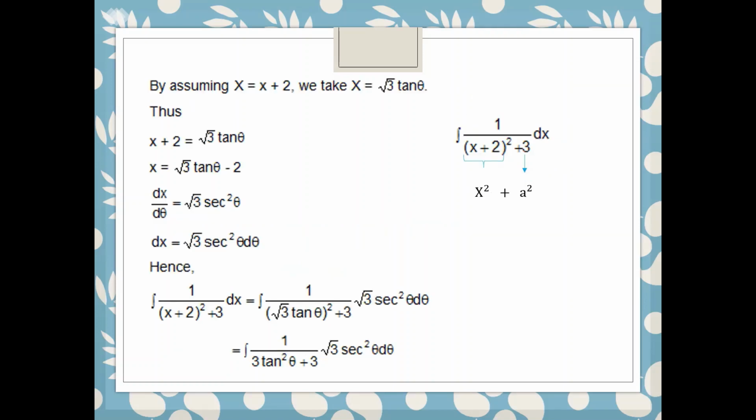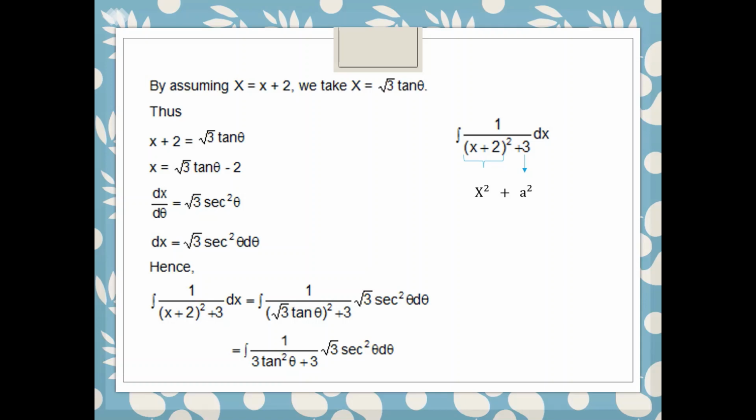Solve the integral using the suitable trigonometric substitution. By assuming x plus 2 as capital X, the general expression is capital X squared plus a squared.